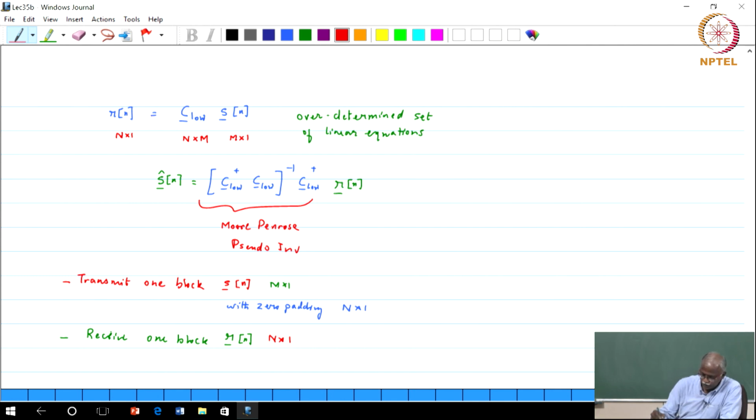Through the pseudo inverse process we obtain S hat of n from R of n, and by the way, this is m cross 1. This is the structure of a block transceiver.